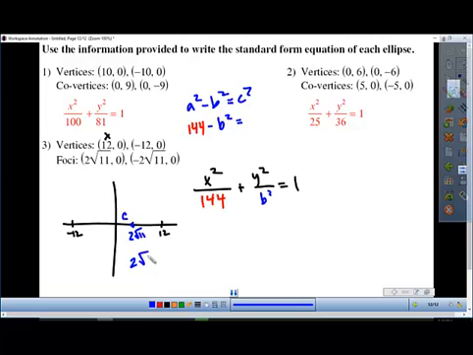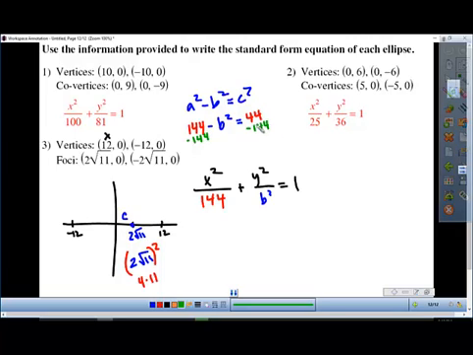So if I have 2 radical 11 and I square it, I square the 2, that'd be 4. Square the radical 11, that would be 11. So 4 times 11, that'd be 44. Now we want to solve for b. So I'm going to subtract 144 from both sides.